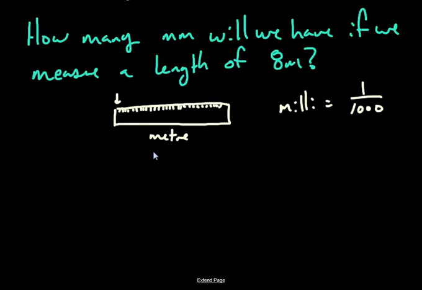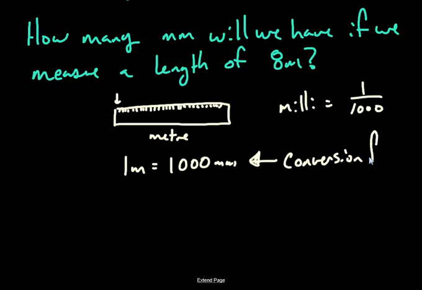So then what I can say to myself is, well, in 1 meter, I'm always going to have 1,000 millimeters, all right? And what I'm going to do with this is create what's called a conversion factor. All a conversion factor does is take that and write it in slightly different language.